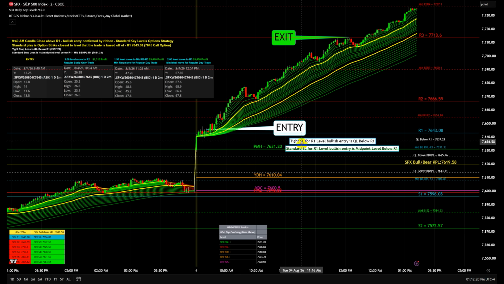Your tight stop loss or standard stop loss is level based to begin with. It's not a price of the option. It's not a percentage of the option. It is simply using the key levels of the indicator for your initial entry stop loss.